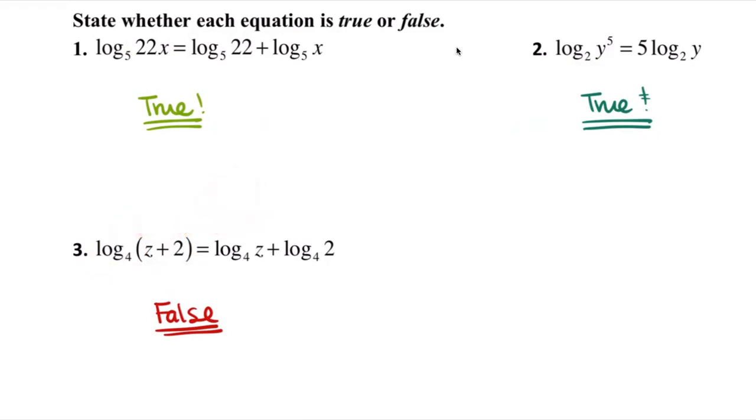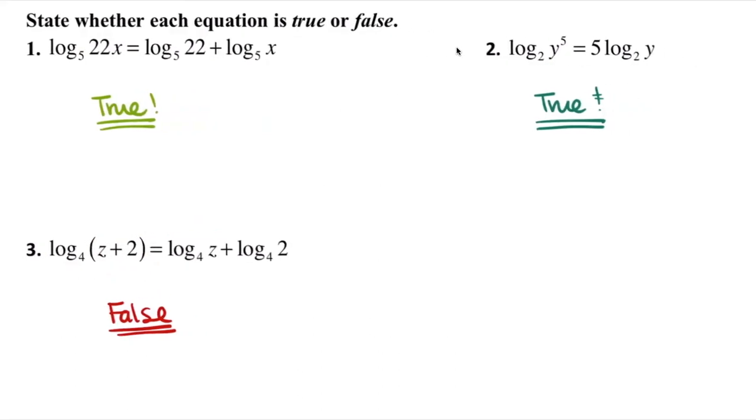I'll show you one more bonus example here that has a little more to it. I'll call this example 3.5.